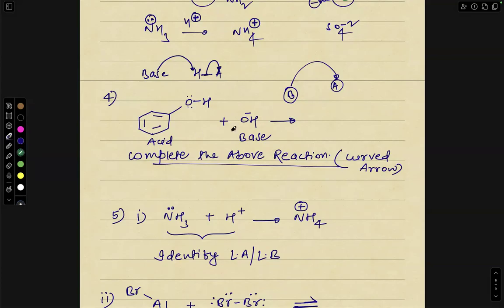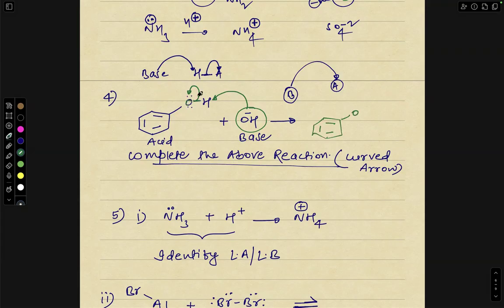So this is a base, and I said that the arrow should start from the base to a proton like that. And this hydrogen-oxygen bond is going to break like that. Clear? So now you have a benzene ring and oxygen.